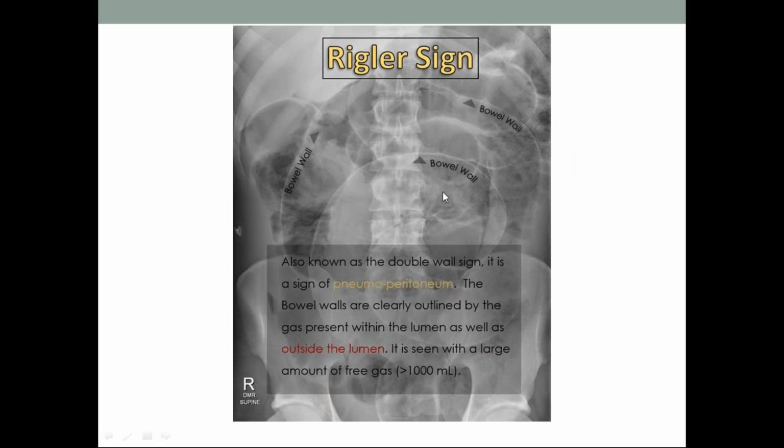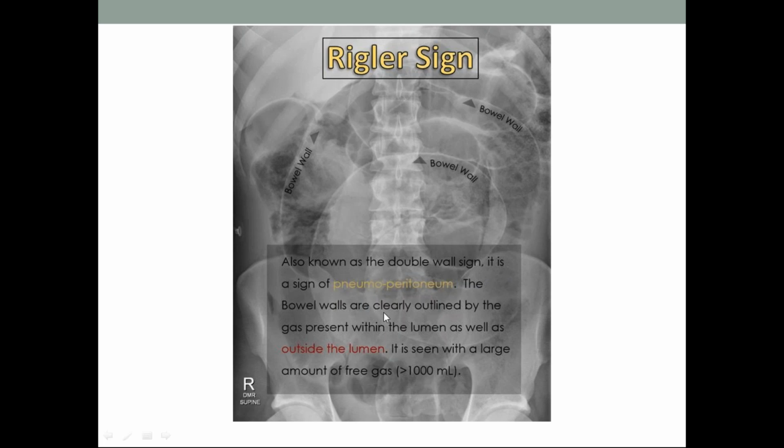This is the Rigler sign. You can all see here the bowel walls are clearly seen, due to gas inside and also free air outside. It is also known as the double wall sign. Please make a note, it is also known as the double wall sign. It is a sign of pneumoperitoneum.